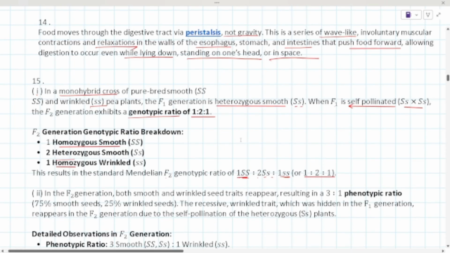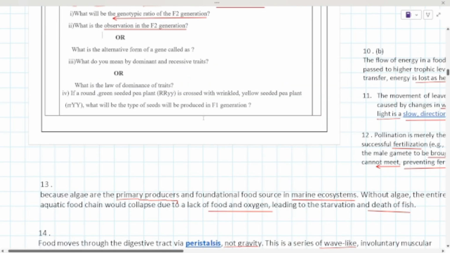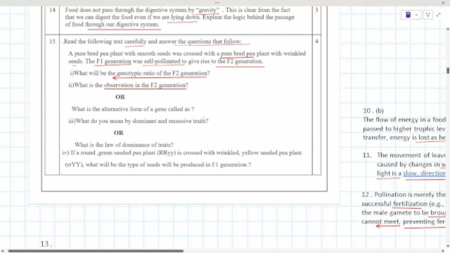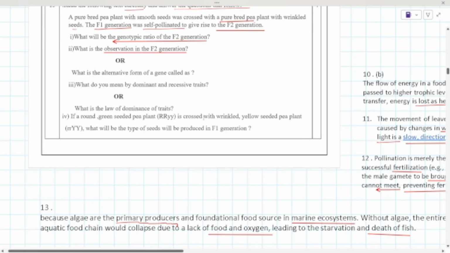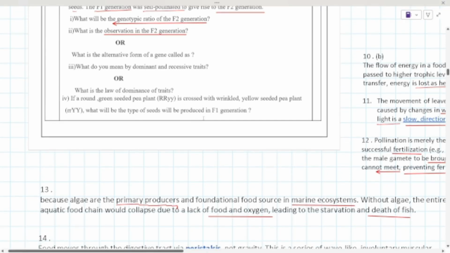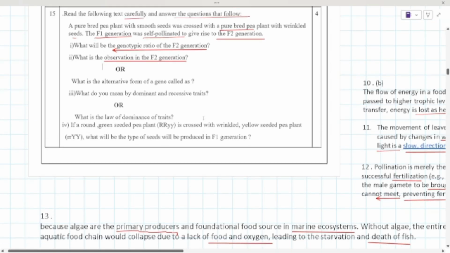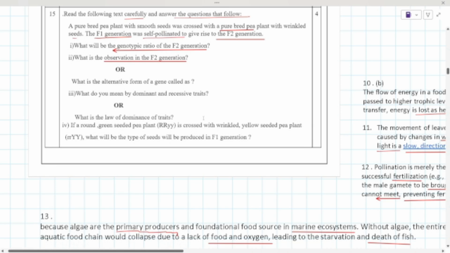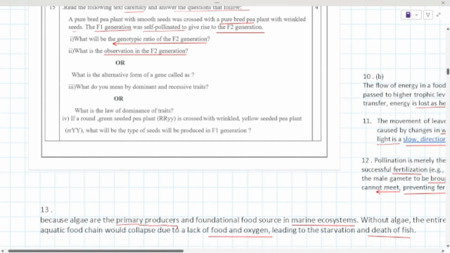Observation means like how many plants, or you can say the seeds will be, or the plants will be, the ratio. So it will be 75% and 25%, na? Okay, that will be the observation.